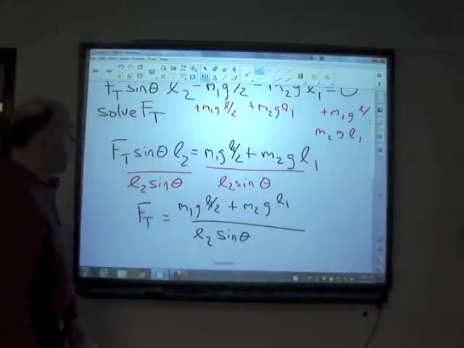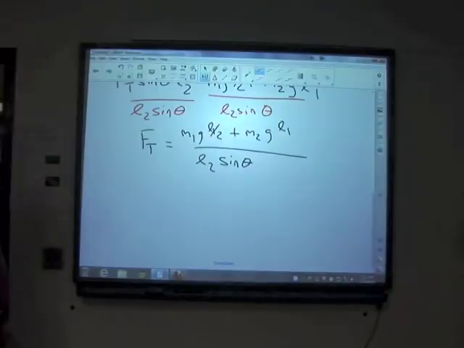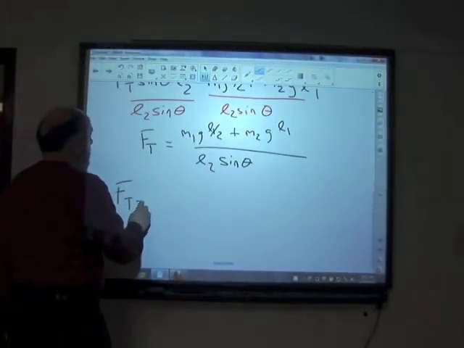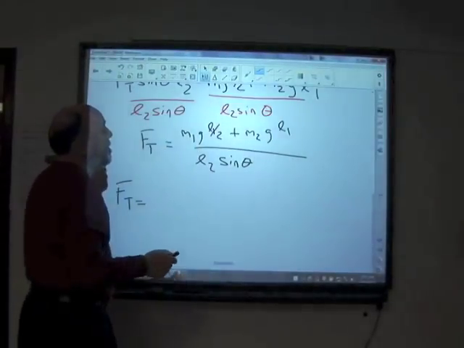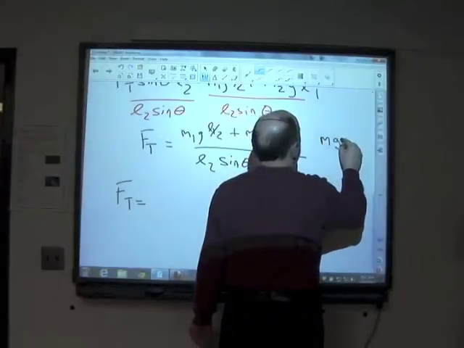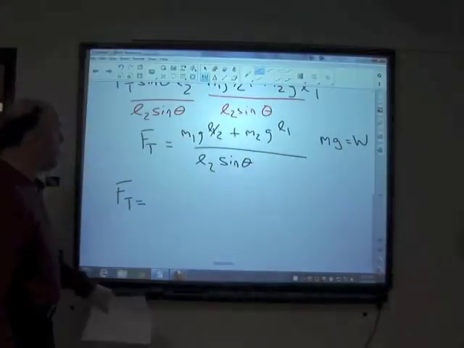Alright. So now we have all our numbers, and we can just plug in and get the tension acting in my wire. M1G, again, mass times gravity is weight, which is what they actually gave us in this particular problem.